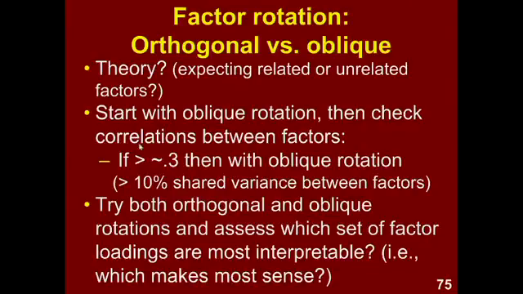So the key thing out of this slide, and I'll emphasise it in the tutes, is that if you find that there are correlations more than about 0.3 between the factors, you'll find you're better off with oblique rotation. If you've got correlations less than about 0.3, you'll be better off with orthogonal rotation. In practice, try them both out, see which one works best.